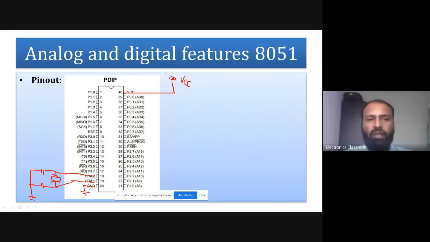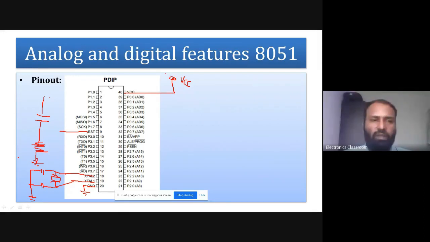Okay, then I need to connect the reset circuit, because for the microcontroller to work fine I need to hold reset at logic. So the reset circuit will be a capacitor and a 10k resistor, and the resistor's second pin is also grounded.